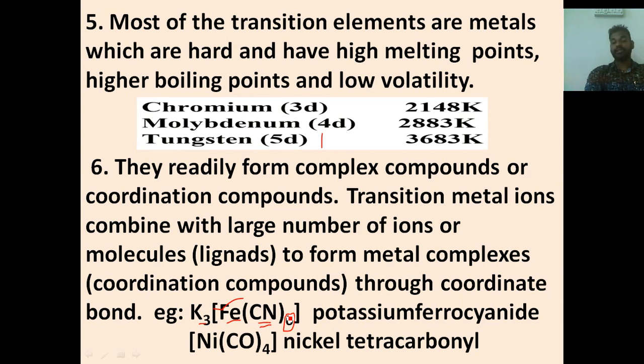Here one central metal atom combines with 6 ligands, so it forms a complex. Next you have nickel and CO, carbon monoxide. Nickel tetracarbonyl; we normally call carbon monoxide carbonyl. So this is another example.